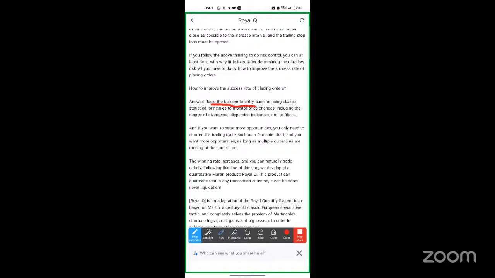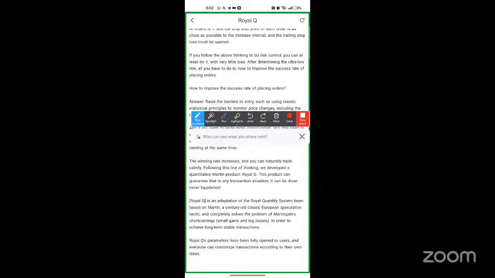Following this line of thinking, we developed a quantitative Martin product, Royalq. This product can guarantee that in any transaction situation, it can be done and you are never liquidated. Now let's finish up here, then I come and I explain.